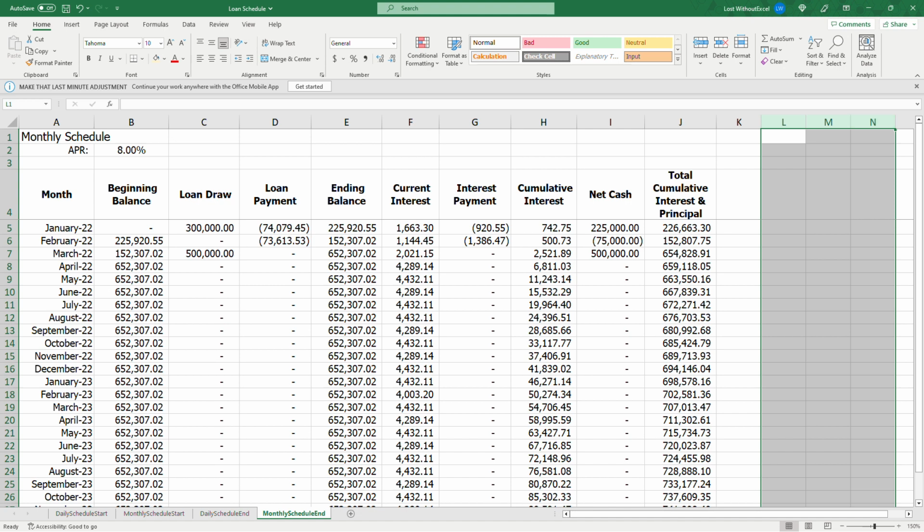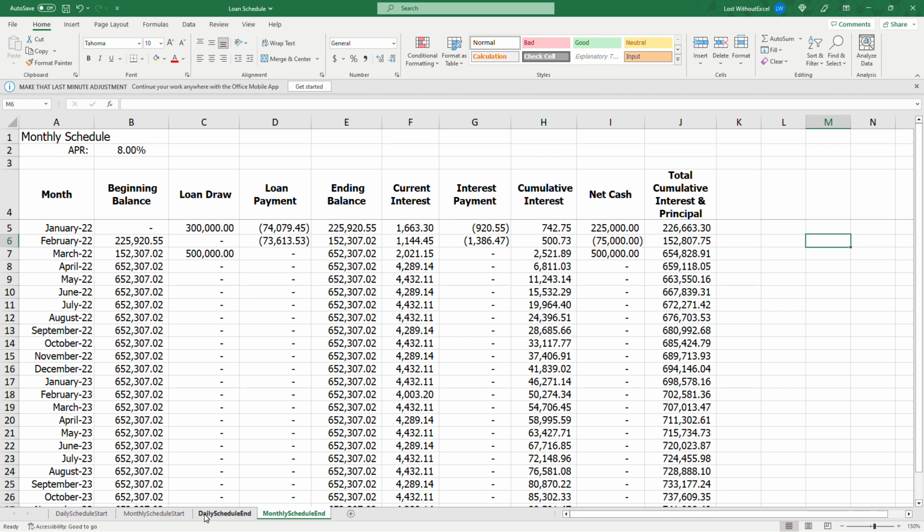It gets really clunky and defeats one of the purposes of doing something like this, which is putting something in and letting Excel work for us to calculate the interest, to make our lives easier.